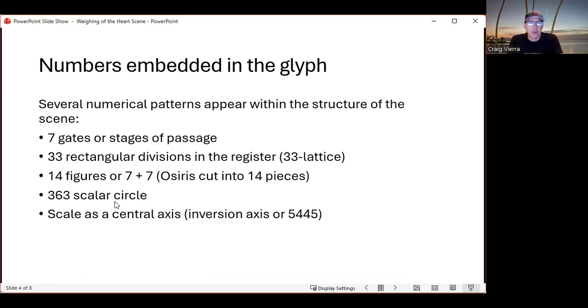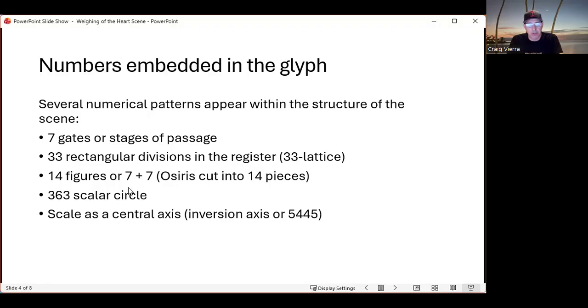So also we're going to be looking for, can we find the circle, the 363 scalar circle, which, if you haven't seen some of my other videos, is a different coordinate system from 360 degrees. I'd consider this more fifth dimensional, and this is going to lead to geometry that actually breathes and also has a very important connection to the etheric lattice, whether I talk about the 33 lattice or the 11 lattice.